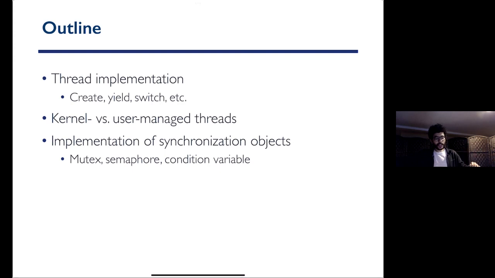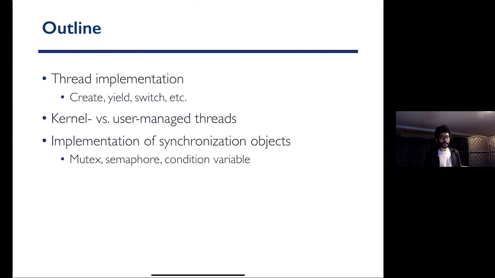Now we're going to see how we can implement threads. The second portion of the third part is the two types of threads that might exist in a system: kernel versus user-managed threads. So we talk about that.